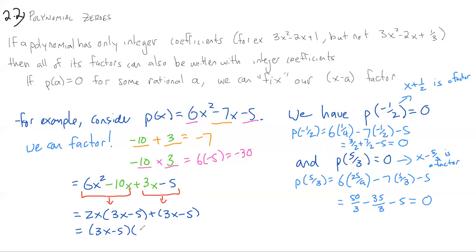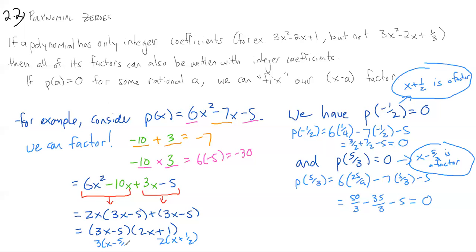And when I pull that out, I get a 2x from the first term and a 1 from the second term. And if you look at these, they are coming directly from those two things that I had said were factors. This is 2 times x plus a half, and the other one is 3 times x minus 5 over 3.